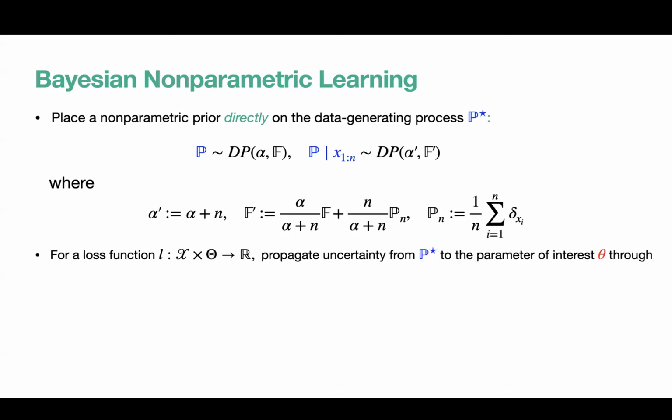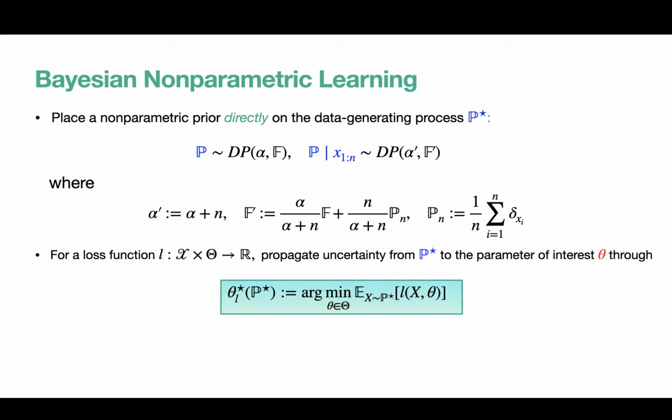So, okay, I have a posterior on P star. Now I want to define some loss function on the space of my data and my parameter such that I can actually propagate uncertainty from P star to theta. This loss function is going to define exactly what my target is. Again, this is just a functional where, if I know P star exactly, then the parameter I'm targeting is just the minimizer of the expected loss under P star.